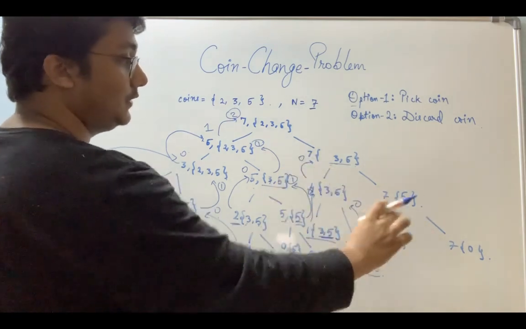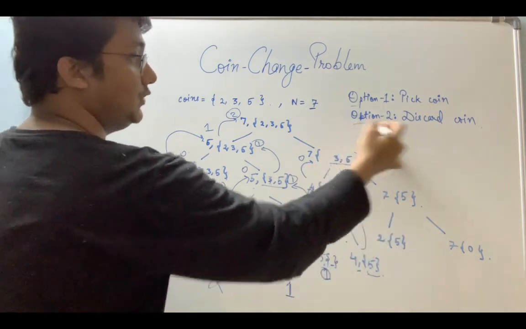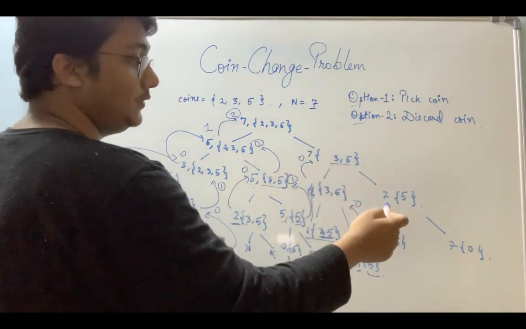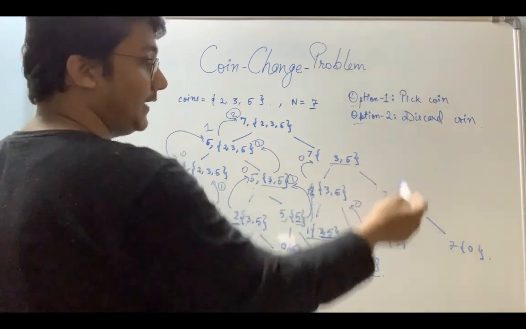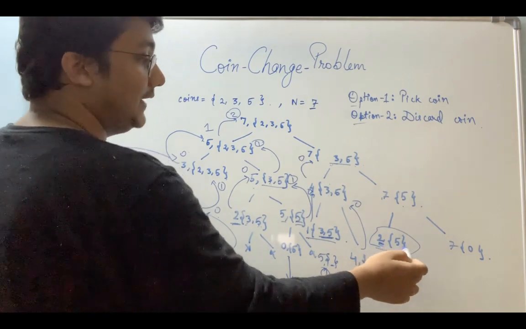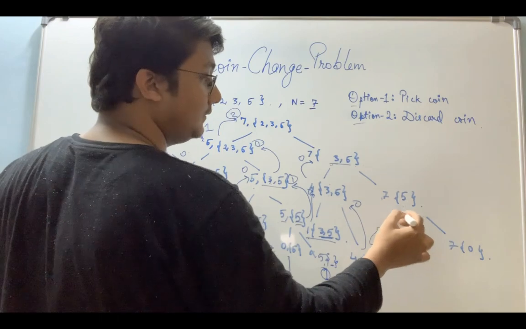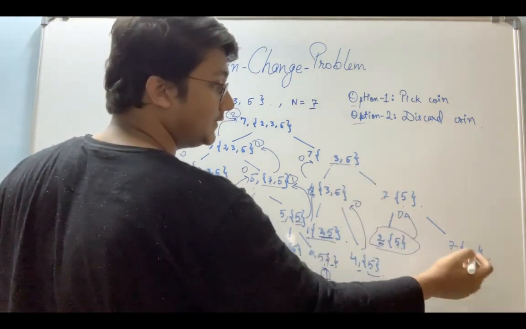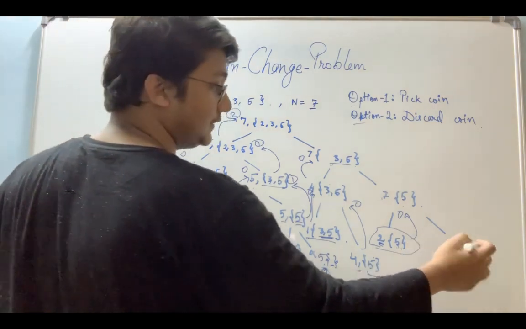Let's look at that other part. You have to make 7 from 5 because you have option 2, discarding 3, and there is no way you can make 7 out of 5 because even if you pick 5, at some point you are going to get a number which will be less than the current coin you have. So this returns 0, and if you discard 5, you will have no coins, so you cannot make change for 7 using no coins.